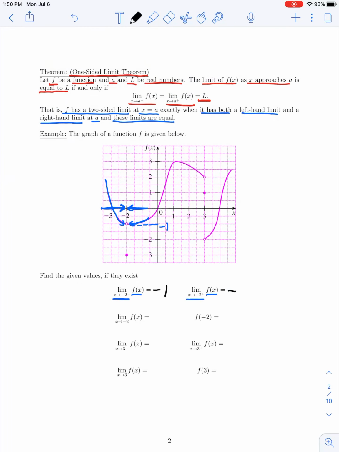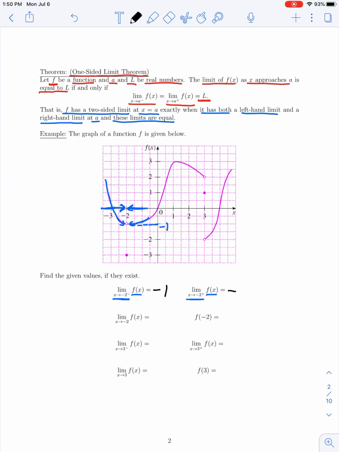In this same example, we're asked for the left-hand limit of f of x as x approaches 3. So here, as our x values are closing in on 3 from the left-hand side, if we look at what's happening to the corresponding values of our function by looking at the graph, we see they seem to be closing in on 2. So our left-hand limit of f of x as x is approaching 3 would be 2.